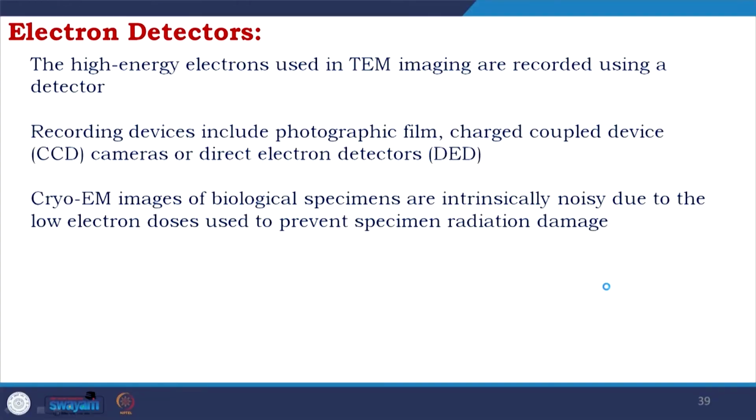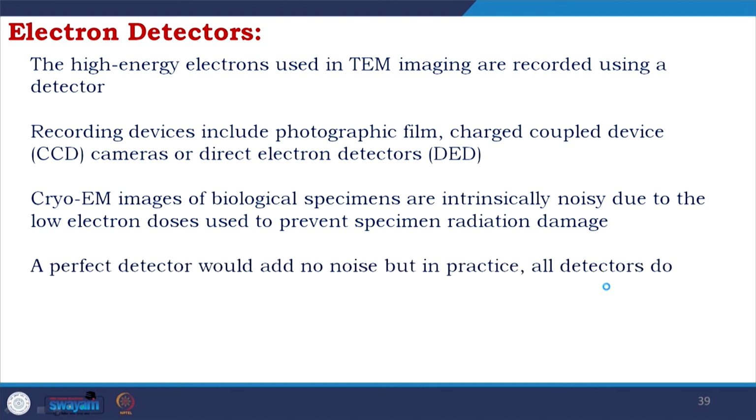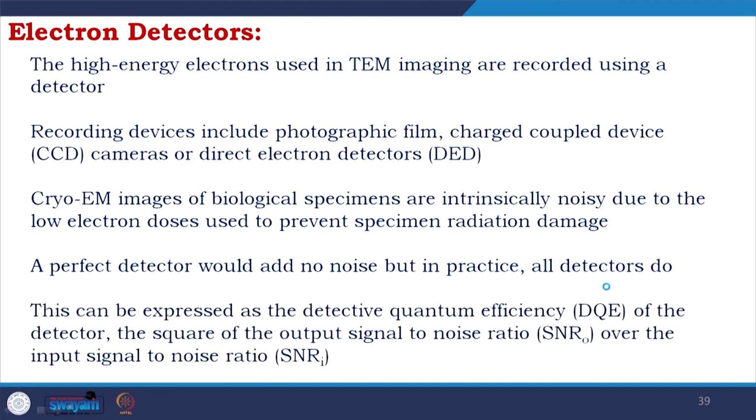Cryo-EM images of biological specimens are intrinsically noisy due to the low electron doses used to prevent specimen radiation damage. A perfect detector would add no noise, but in practice all detectors do.